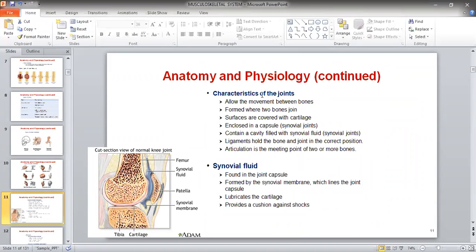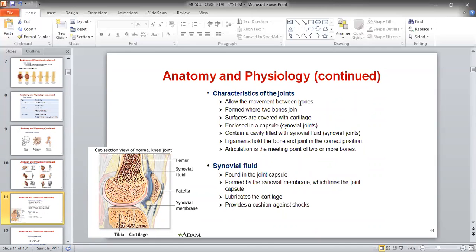Characteristics of joints: they allow movement between the bones.